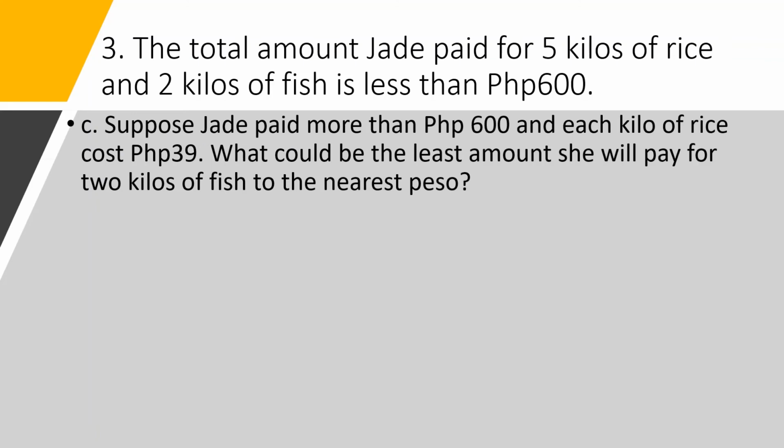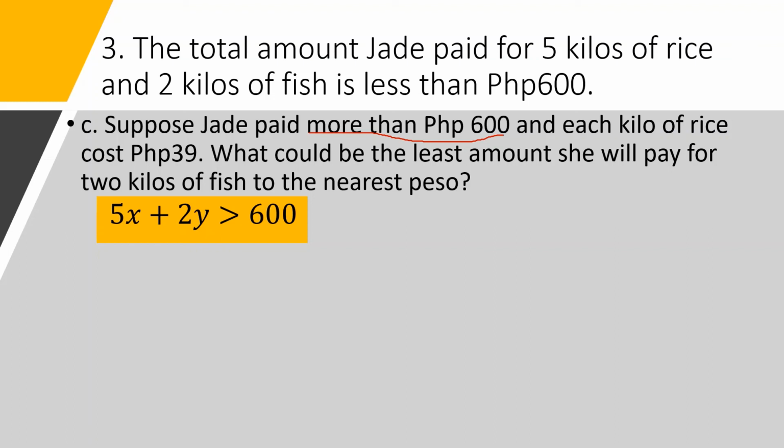Question letter C. Suppose Jade paid more than 600 pesos and each kilo of rice cost 39 pesos. What could be the least amount she will pay for 2 kilos of fish to the nearest peso? Okay, since Jade paid more than 600 pesos, the inequality will become 5x plus 2y is greater than 600.